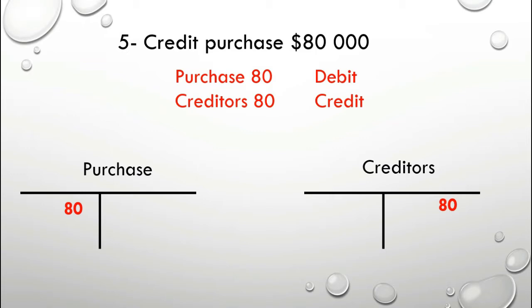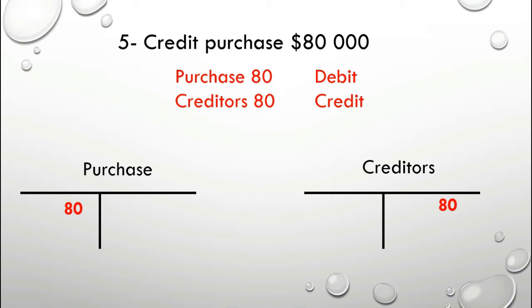So we can go to the purchase account and debit 80,000. At the same time, here cash is not going out of the business. Instead, we have to create an account called creditor, or we can say trade payable. So we can go to the trade payable account, and on the credit side, we can add 80,000. So when there is a debit transaction, the next transaction is always credit.